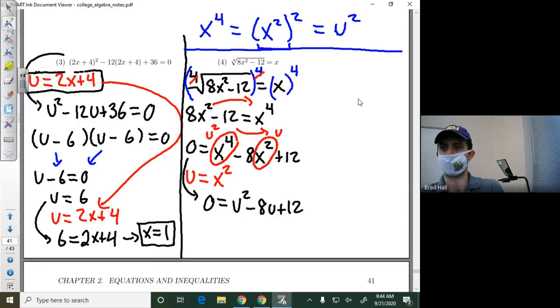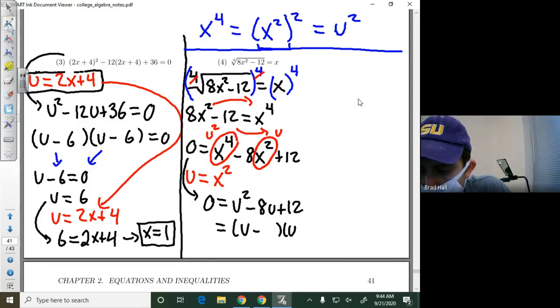Notice how all the numbers carry over. The numbers need to carry over, if there are any. And from here, we can factor. I think I see 6 and 2. They multiply together to give us positive 12. They add together to give us negative 8.